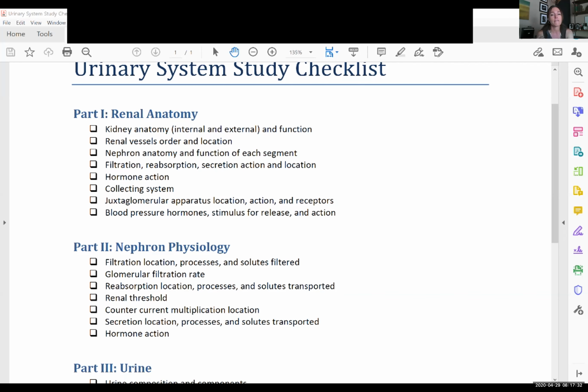We return the vast majority, over 95 to 99% of the water and other good components, getting reabsorbed back into the blood. That happens in the proximal convoluted tubule, so that's on the nephron physiology side here. Our reabsorption location is going to be the proximal convoluted tubule.